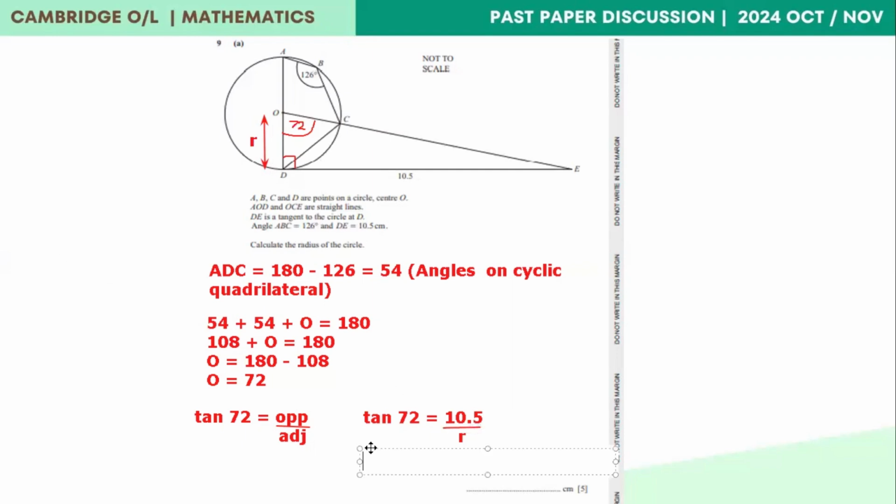So now we can take the r to the left and tan 72 down. So r equals 10.5 divided by tan 72. So our final answer would be 10.41 correct to 3 s.f. as well.